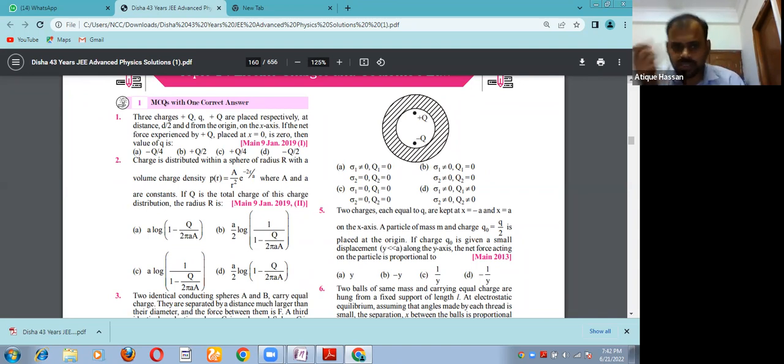It is a JEE Main 2019 question. You can easily solve it. So go through question one. We have done such questions in NEET also. Such type of questions were asked in NEET also.